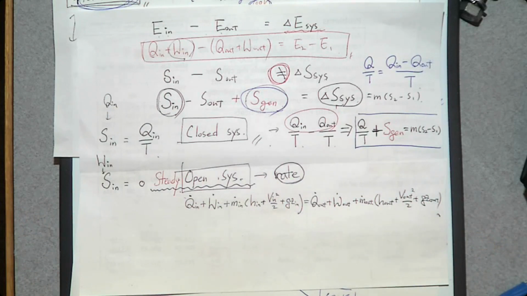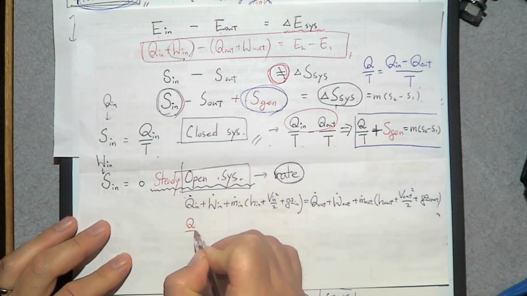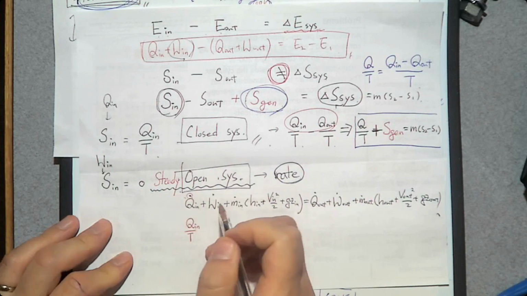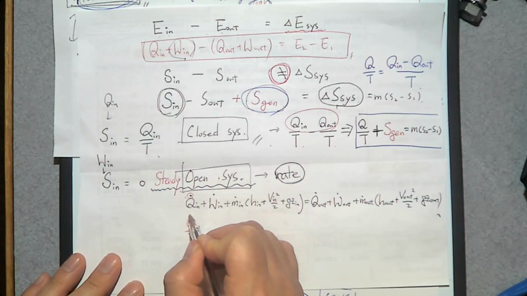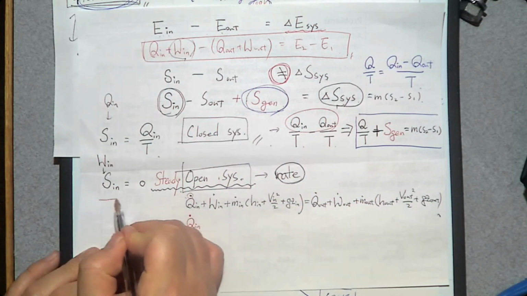Then, how can we determine the entropy balance equation from here? So first, for this Q, we know entropy transfer by heat can be Q over temperature. So for this one, we can use Q in over temperature. However, we have a dot on top of it, so I'm going to add a dot on top of it here. What about entropy transfer by work? We know there is no entropy transfer by work.